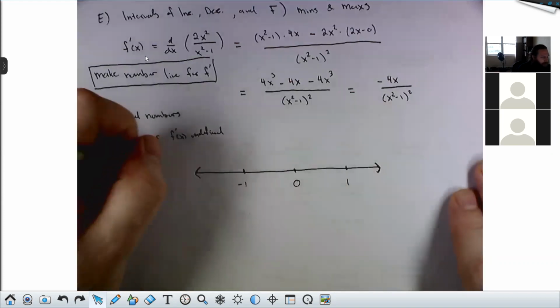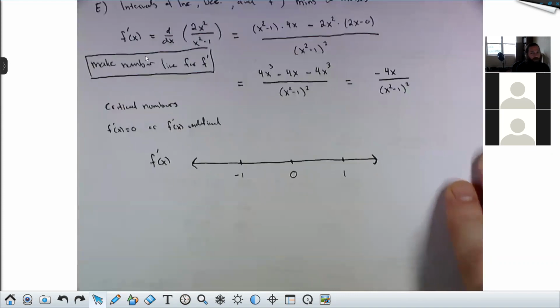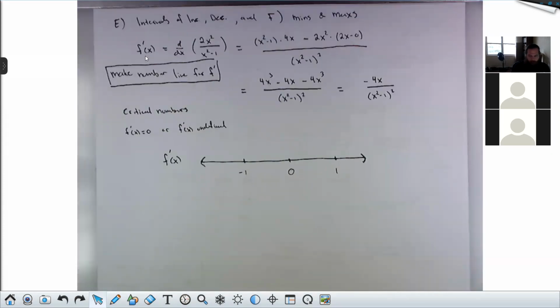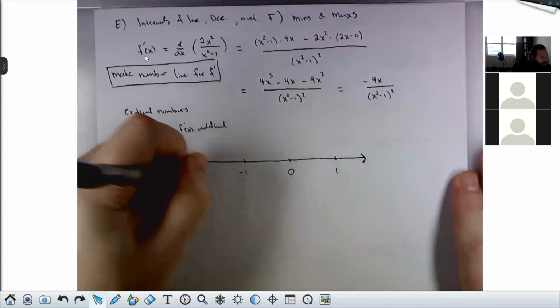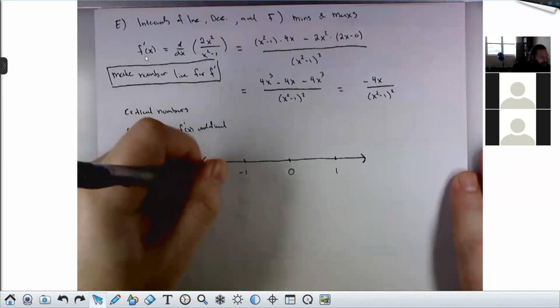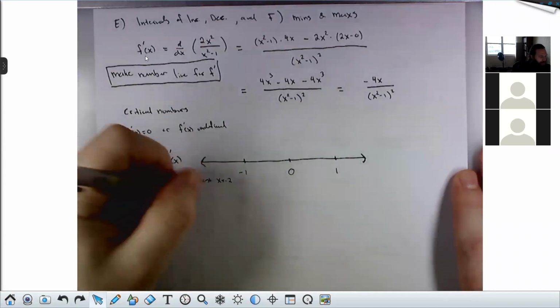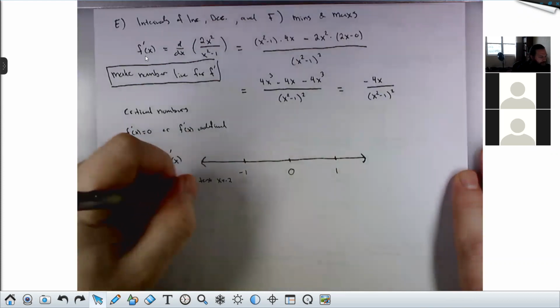So this will be my number line for f prime. We should label it as such so our reader can tell what is going on. Now I need to take a test point from each one of these regions. Over here to the left of -1, I could test x equals -2. F prime of -2, all I really care about is whether it's positive or negative.